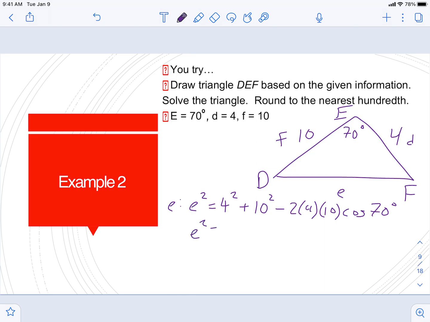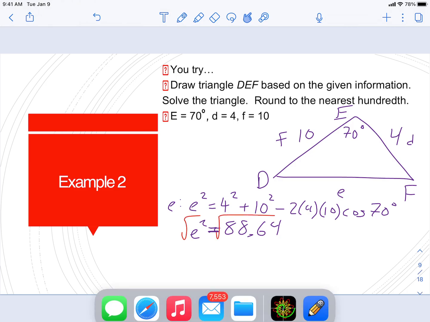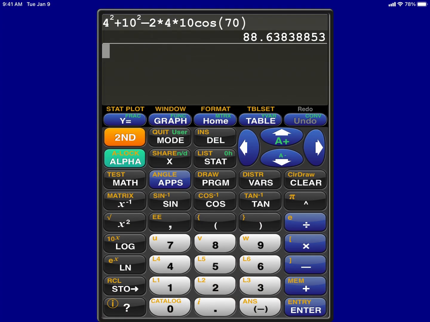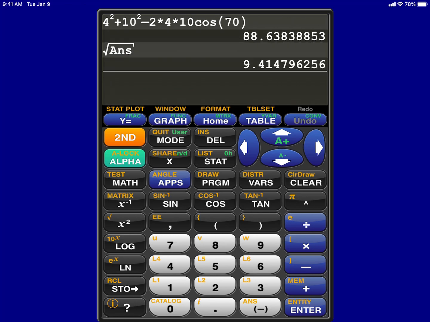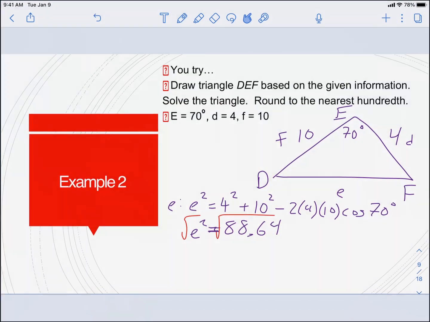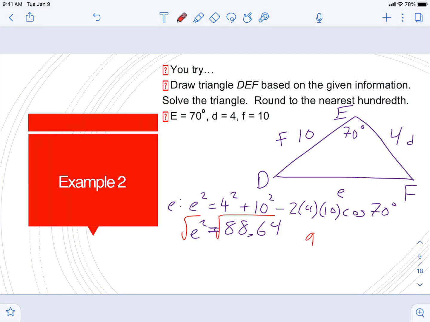So E squared is equal to 88.64. And we are going to take the square root. And again, the shortcut, second x squared for the square root, and then second and the negative key to enter the previous answer. And now we've got 9.41. That is E.